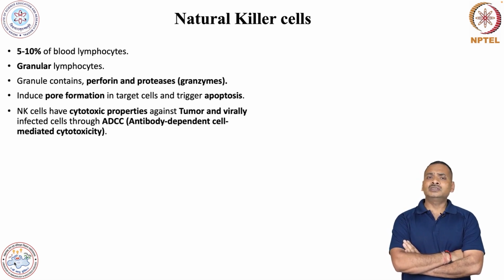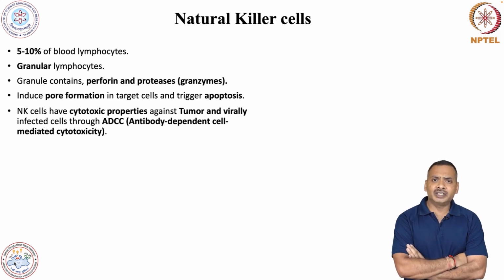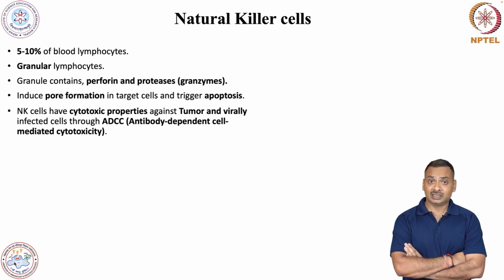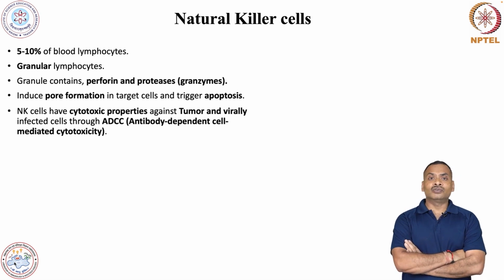Otherwise, when the cells are infected with virus, after finishing the replication cycle the viruses will be liberated outside the cell, and these newly formed viral particles will infect other healthy cells. In that way the viral infection will propagate.